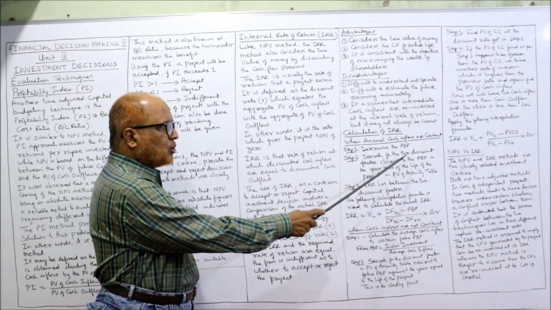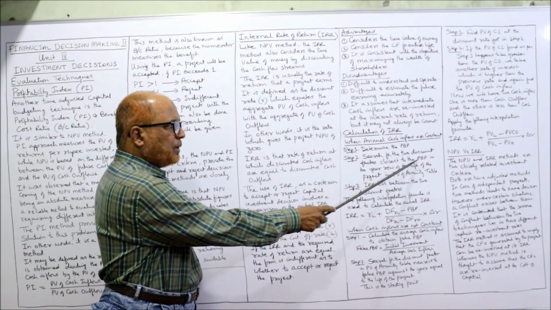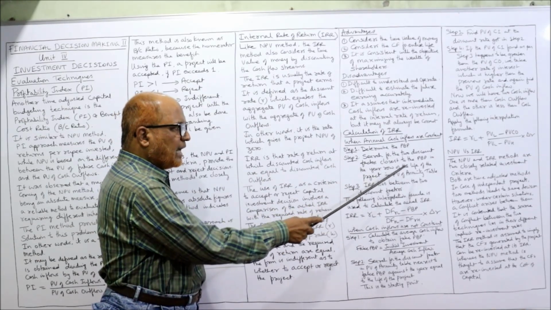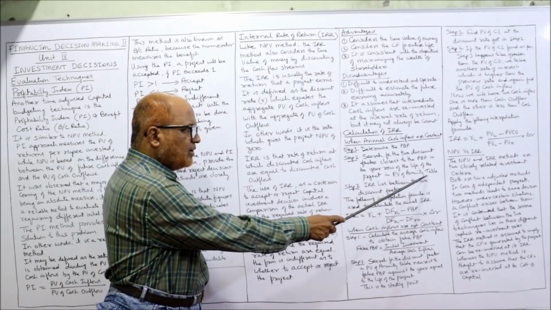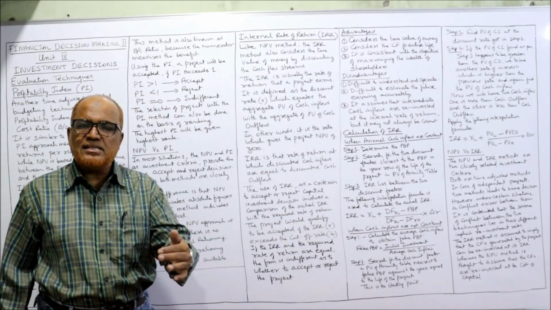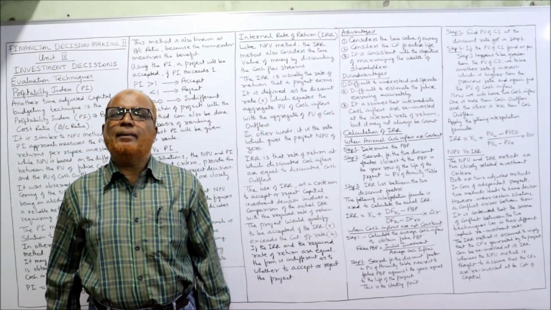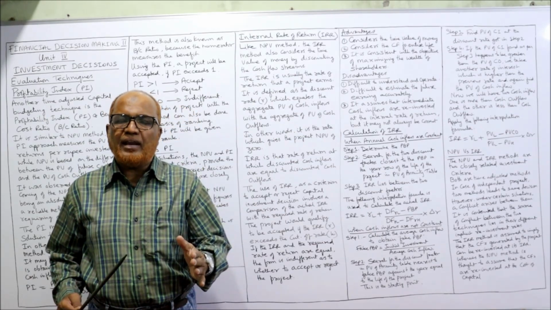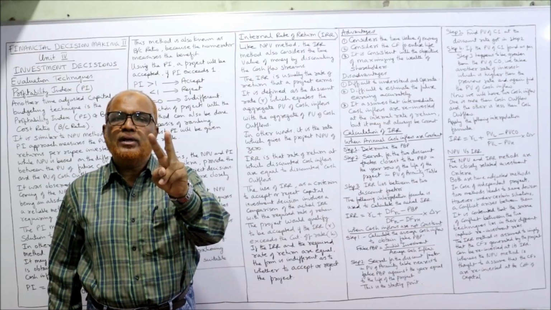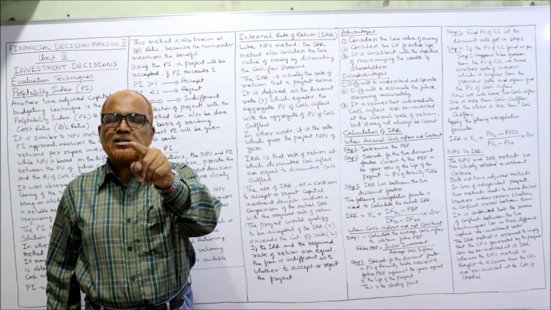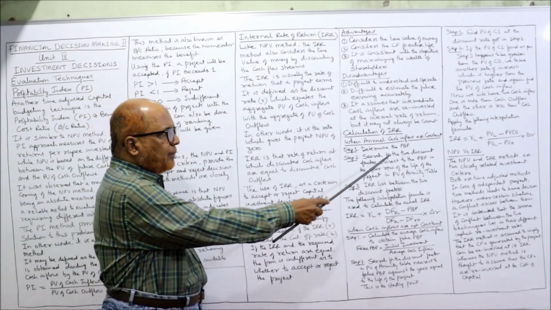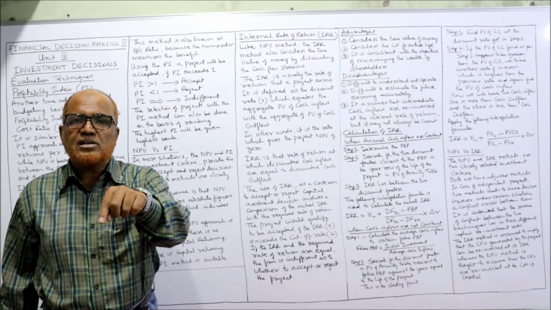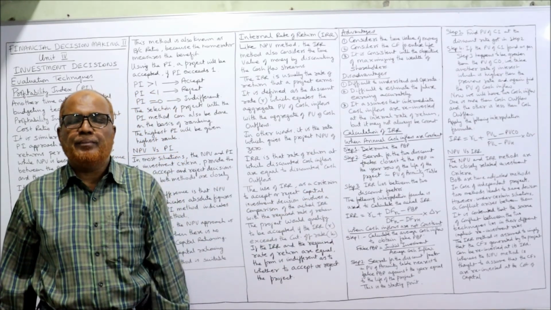Then search for the two discount factors closest to PBP in the year row of the life of the project in the PV of annuity table. Now the second step is you have to go to the table called PV of annuity table. In the PV of annuity table, locate two discount factors. One discount factor should be more than PBP and the other should be less than PBP.